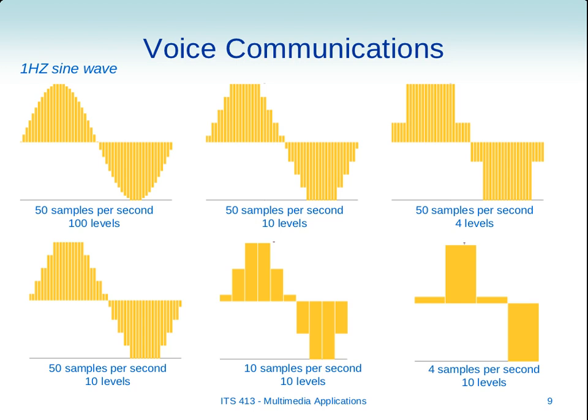For 100 levels, we'd need 7 bits because 6 bits gives us 64 values, 7 bits gives us 128 values. So in this case, each sample would be 7 bits long and it would be mapped to a decimal value from 0 up to 99.